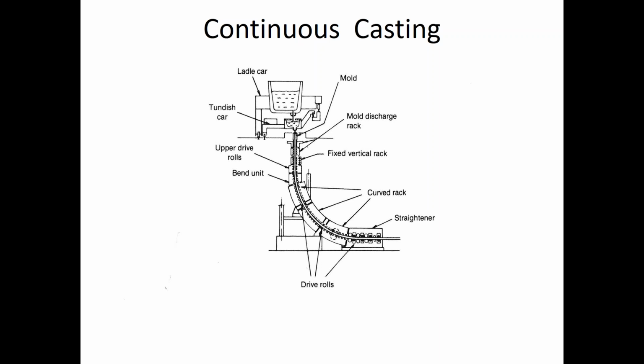Many times the upper mold discharge rack before it turns horizontal is longer. The solidification zone is in that area just below the mold, and it may need longer solidification time.